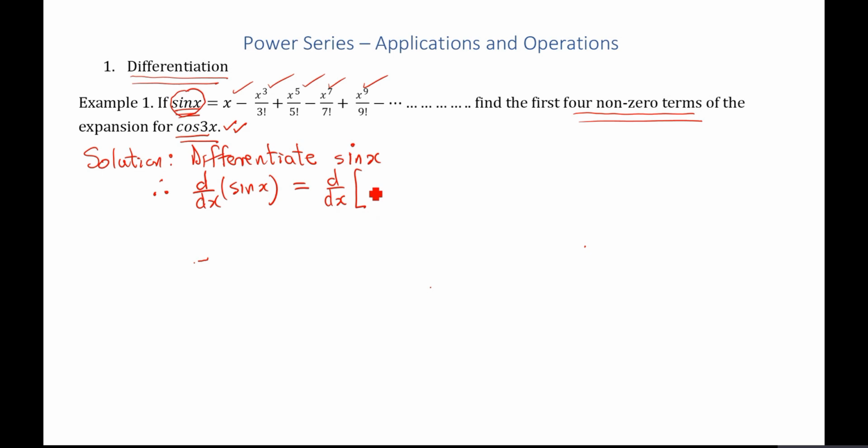So it will be the derivative of x minus x cubed over 3 factorial, plus x to the power 5 over 5 factorial, each one of those terms differentiated.